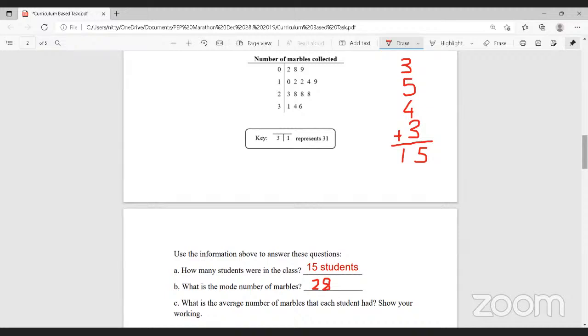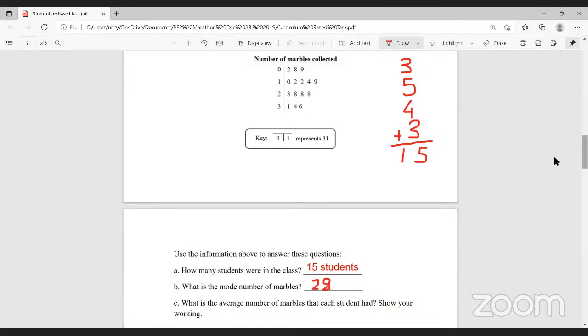It says here, what is the average number of marbles that each student had? And we're going to show working. So on your paper, when you're doing your exam, if it says show working, make sure you show working. And even if it doesn't say show working, always remember to show working. All right, so in your performance task, in your curriculum-based task, it is very important to show working.